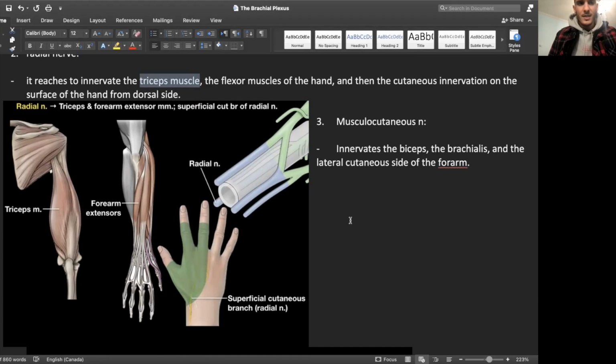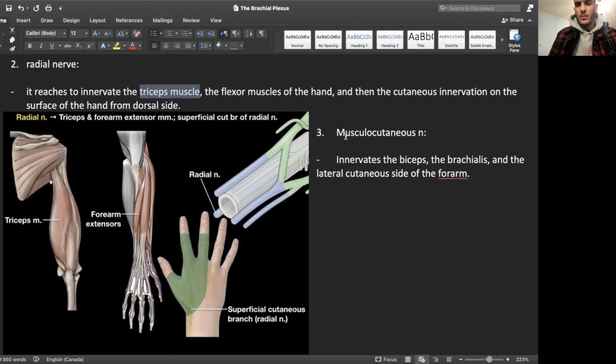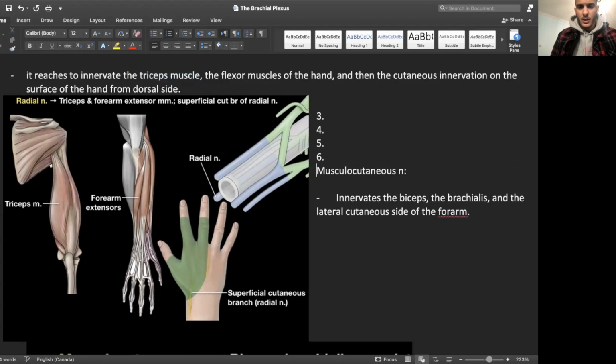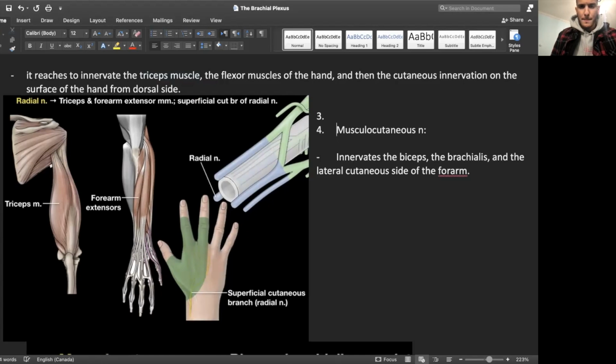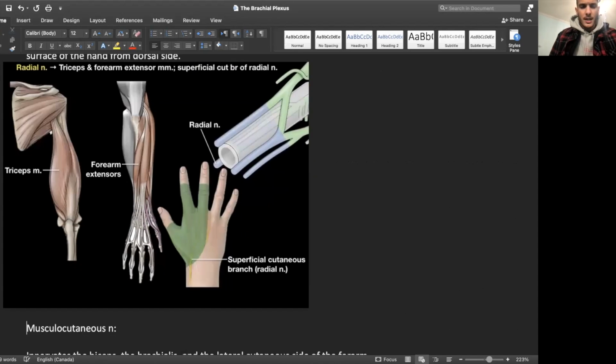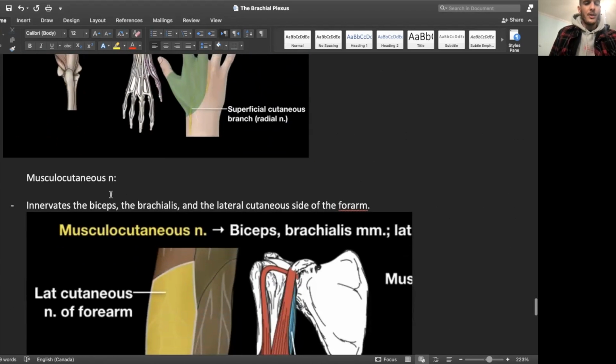Okay, now the third one. The musculocutaneous nerve is the next one that we're going to discuss, and it innervates the biceps, the brachialis muscles, and the lateral cutaneous side of the arm.